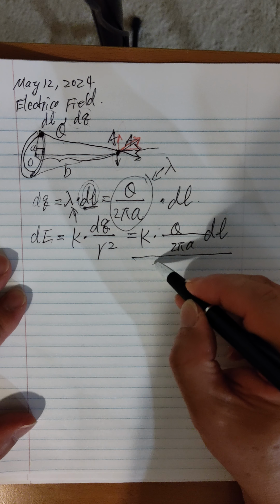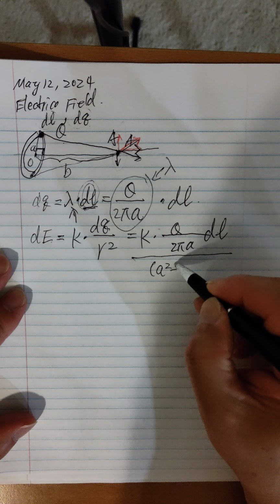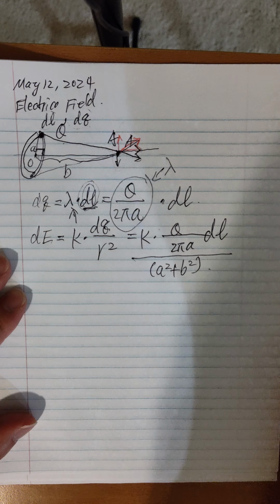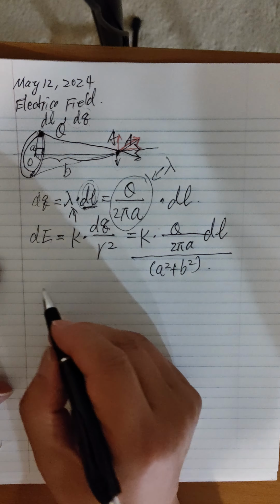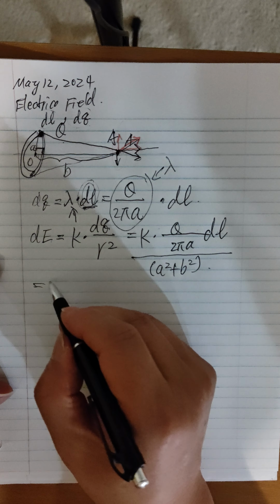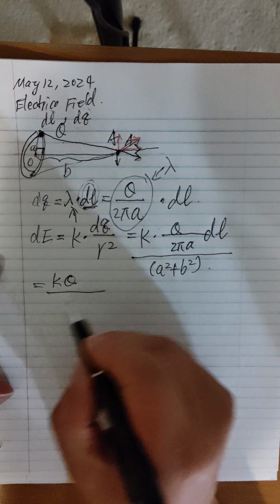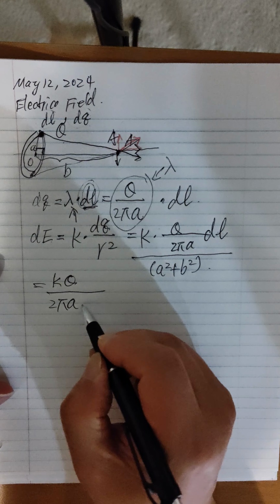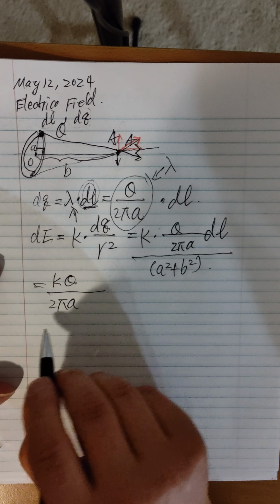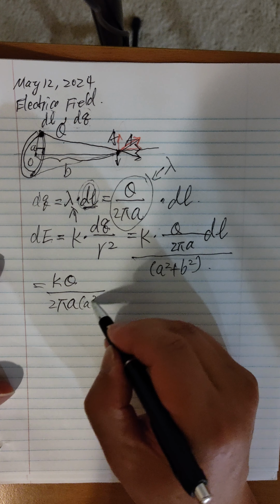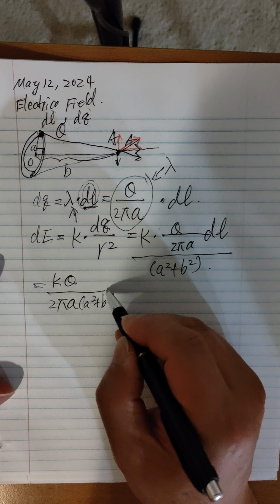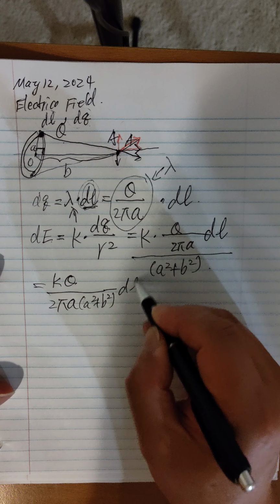So r squared is a squared plus b squared. Again, we simplify this a little bit, and we will have kQ over 2 pi a times a squared plus b squared, times dl.